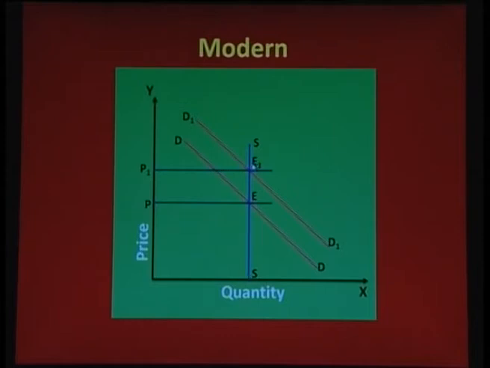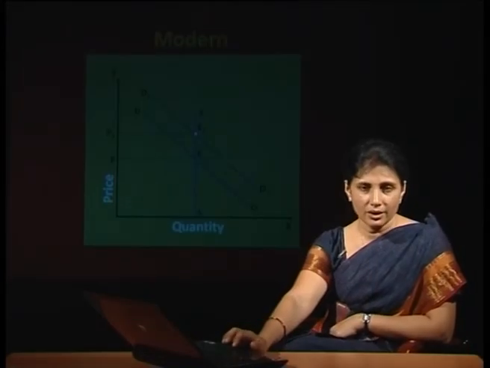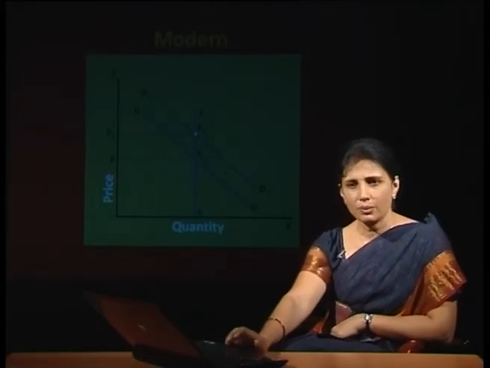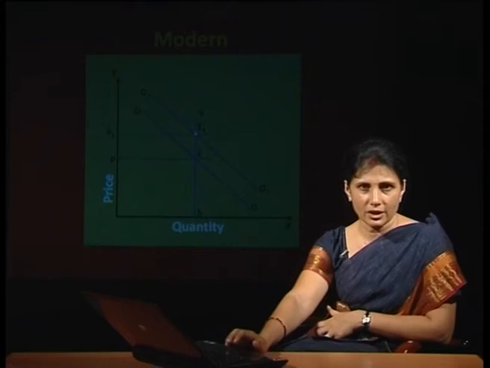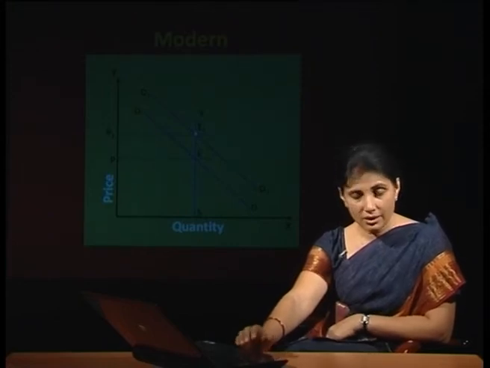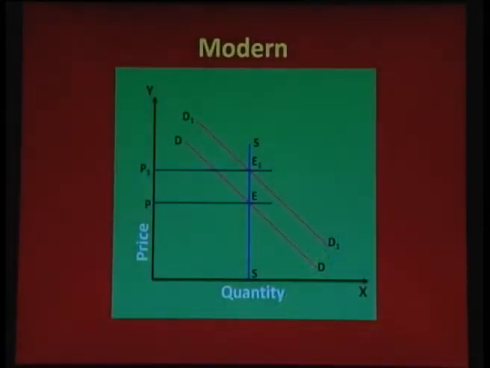Now, this inelastic supply curve is only possible in the short run, because in the long run supply usually does not remain fixed, it can change, and this concept of quasi-rent basically disappears with the change in the time period. So, this is a short term concept.